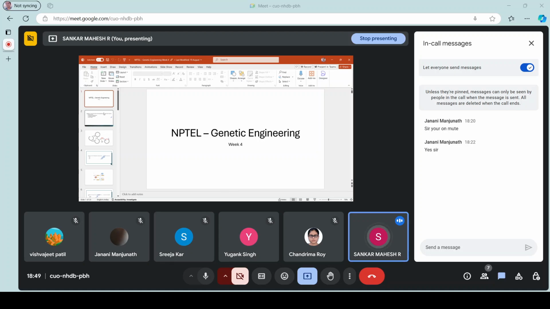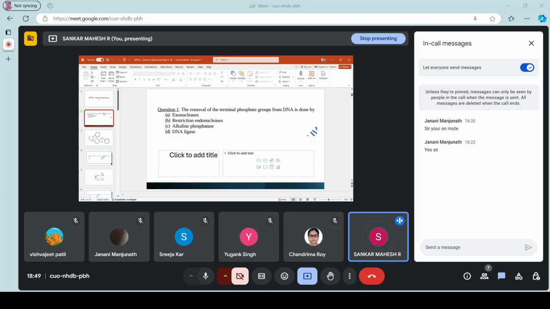In week four's lecture, we were looking at a few aspects with respect to rDNA technology.